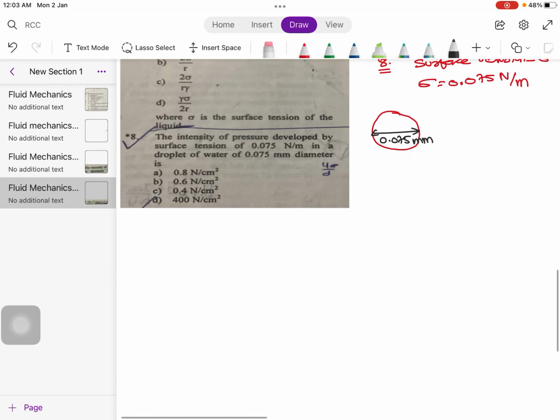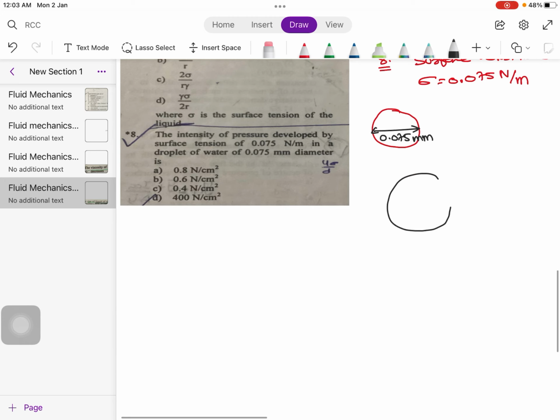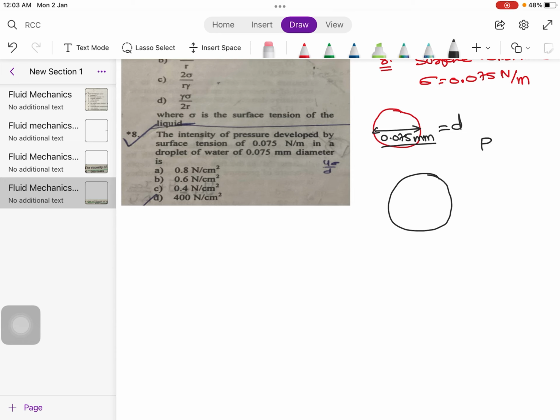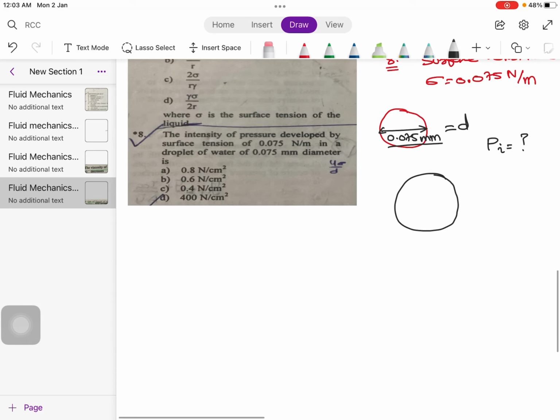So we have a droplet of water with a diameter of 0.075 mm, and we need to determine the intensity of pressure developed by the surface tension.